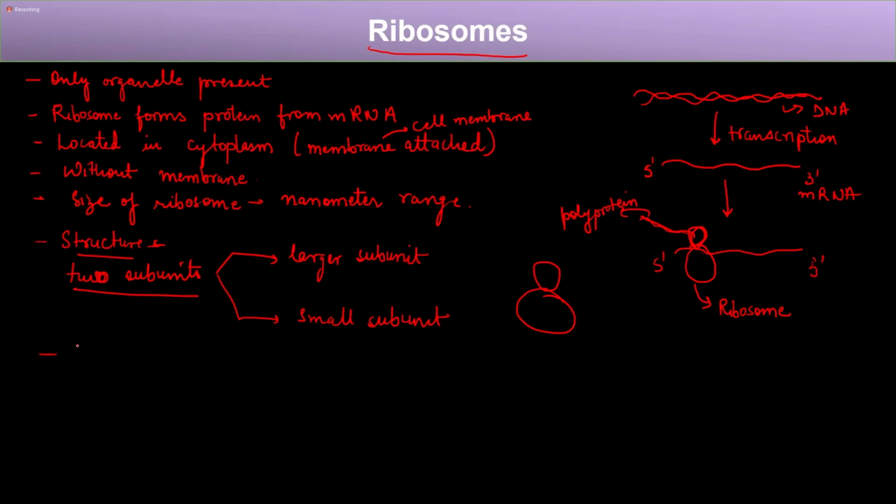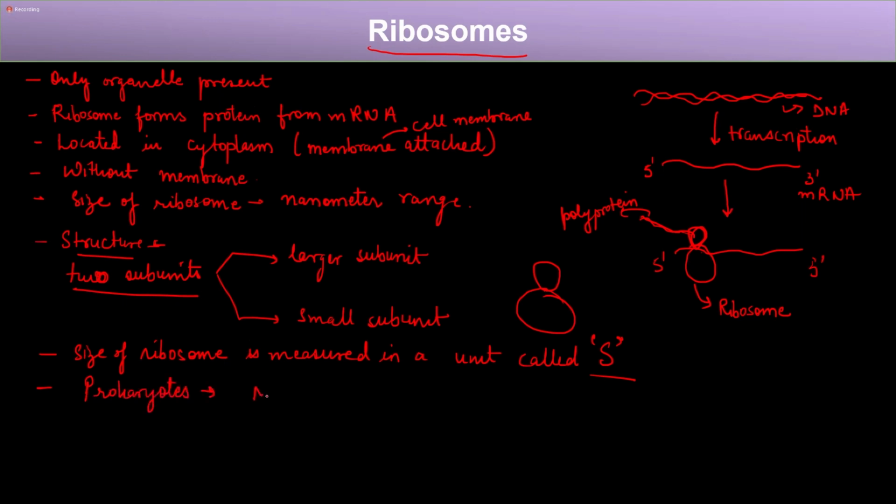Now, if you want to measure the size of this ribosome, there is a special unit. Just like you have units like kilogram and gram for weight, and meter for length, similarly the size of a ribosome is measured in a special unit called S. In bacteria or prokaryotes, the ribosome is of 70S units.